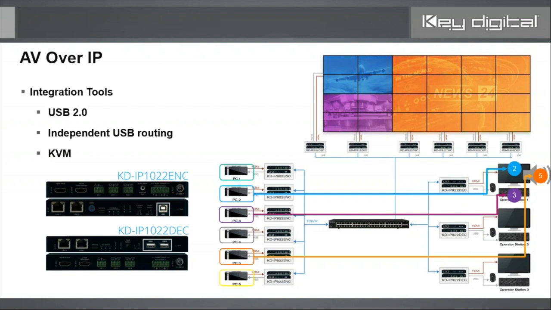But what does independent USB, video and audio routing do for you? Well, we look at the operation center example again. Here, operator 1 is able to select the video of PC2 while listening to the audio from PC5 and connect the keyboard and mouse to control the data on PC number 3, which all makes perfect sense in an operation center where they have a video wall right in front of them for large viewing of all of the sources.